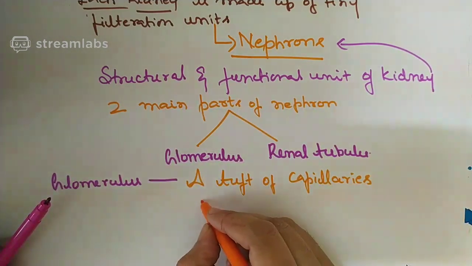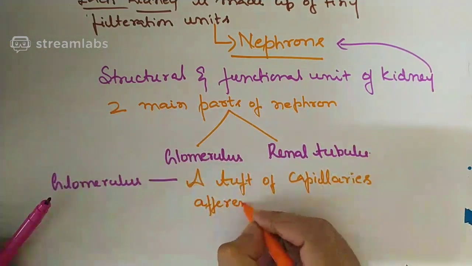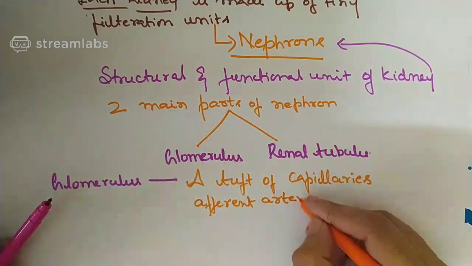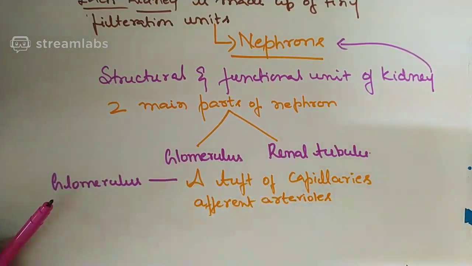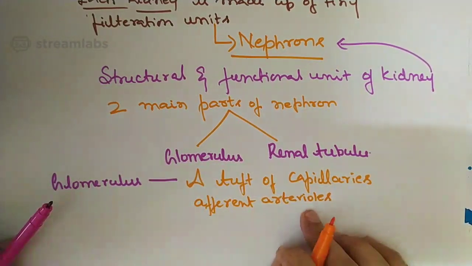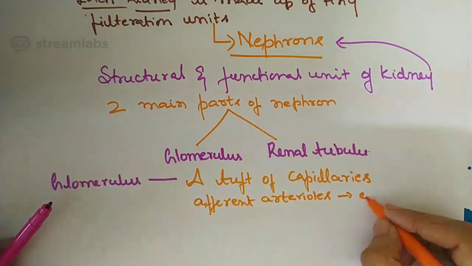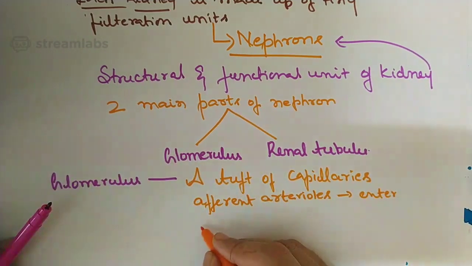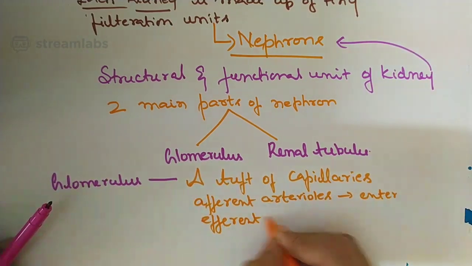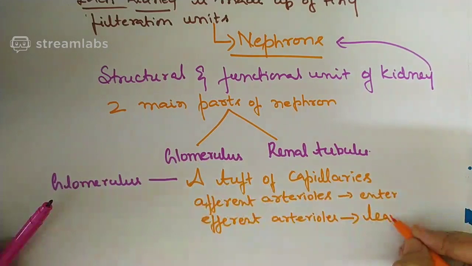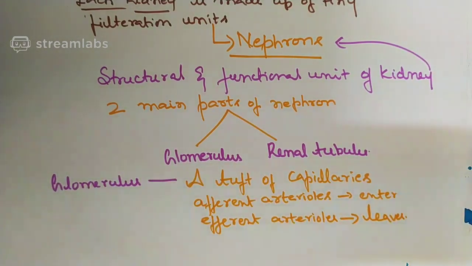So blood enters the nephron through the afferent arteriole, and blood leaves the nephron through the efferent arteriole.